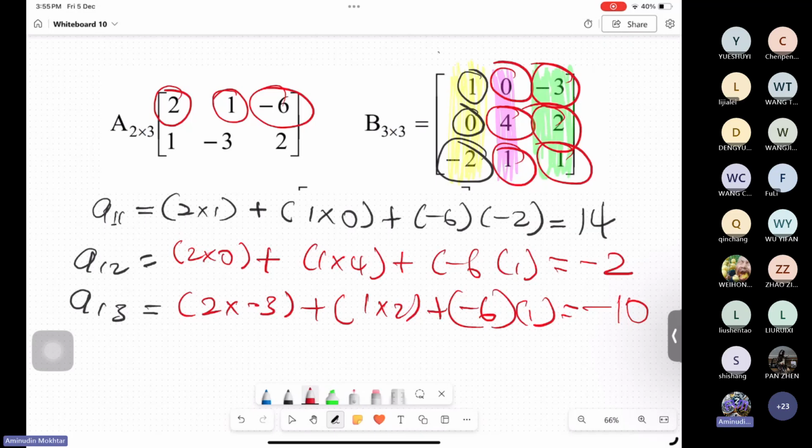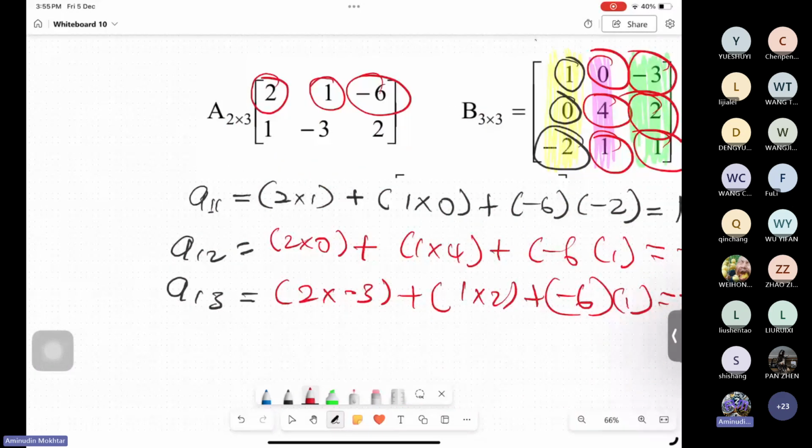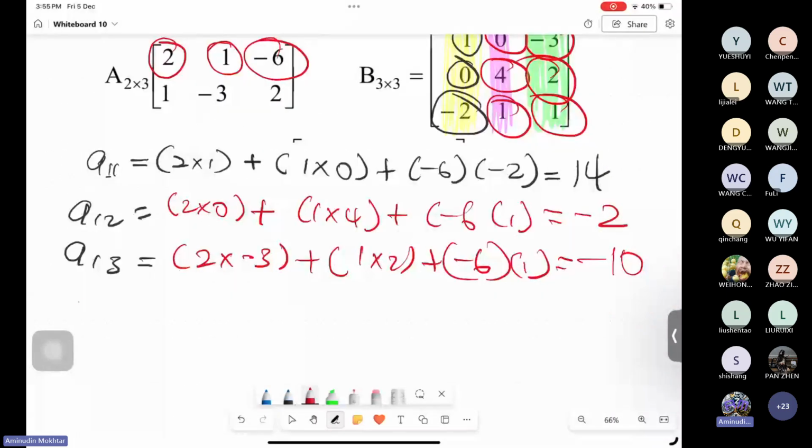Okay, that is for the first row, A11, A12 and A13. So the next one is the elements of the second row, A21, A22, and A23. Now we can apply the same concept here.